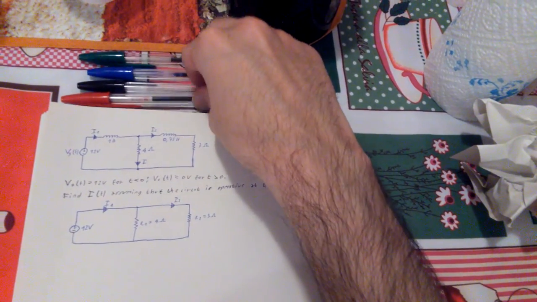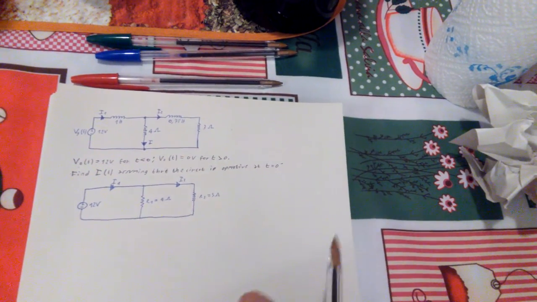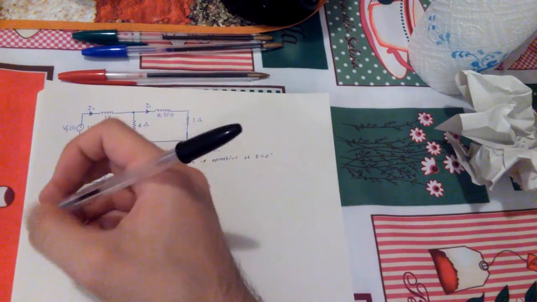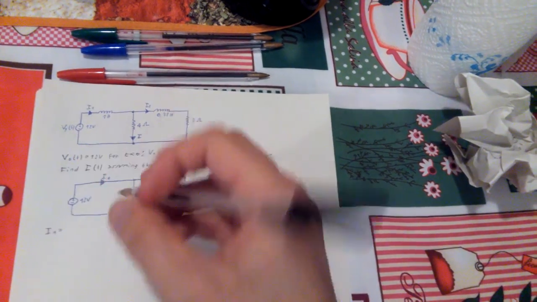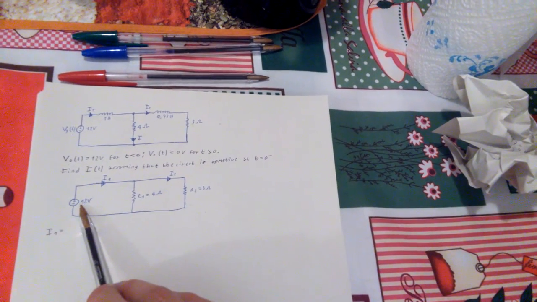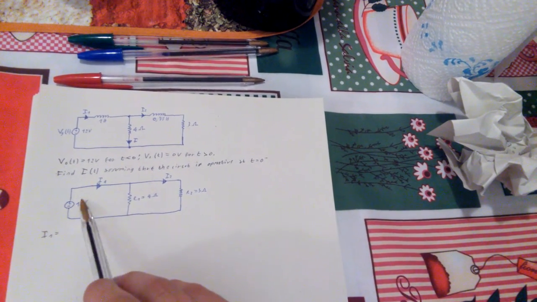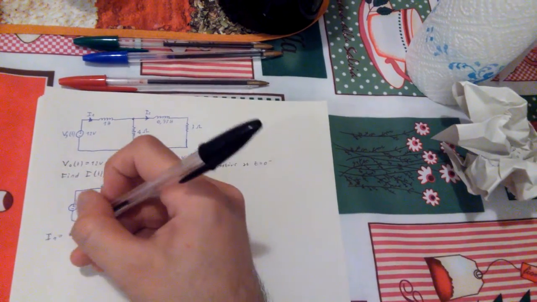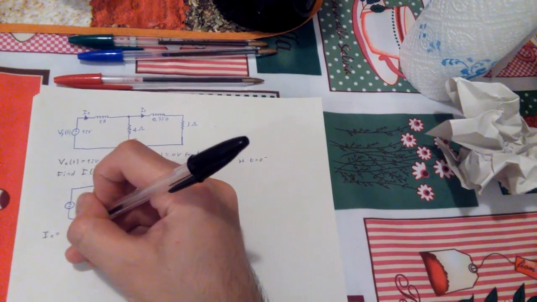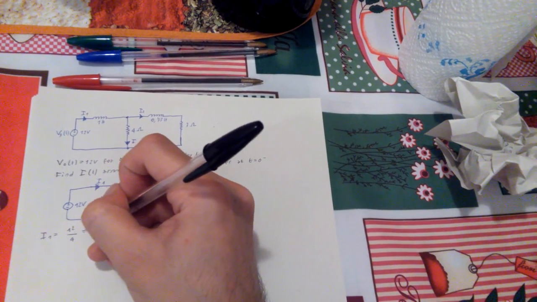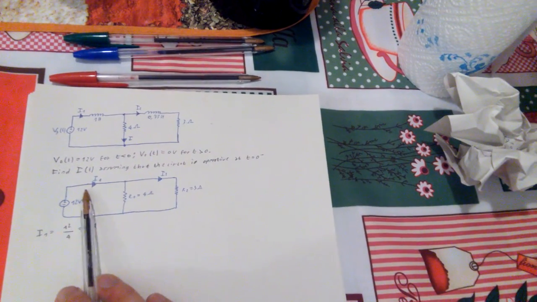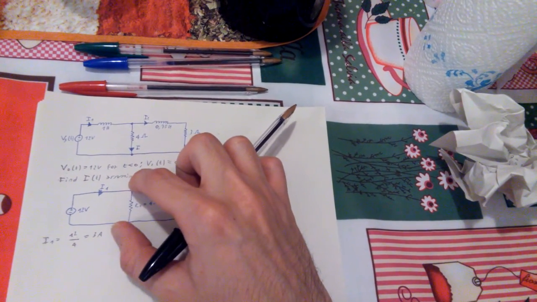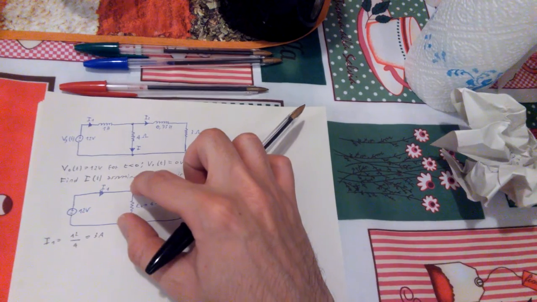Okay, so now let's find the first current. I1 is going to be 12, the voltage, over 4, which is the resistance. So 12 over 4 is 3 amps. So I1 means the current flowing through those two.